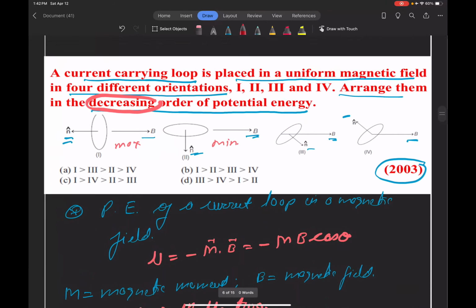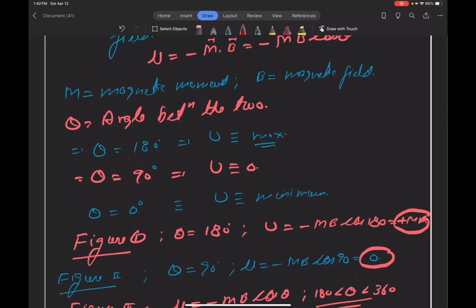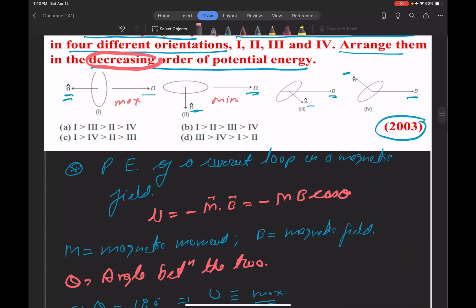Therefore, we are sure that the magnetic field will be of the order: first one is giving us MB, second one is giving us 0, but here to be modified, yeah, this one also.